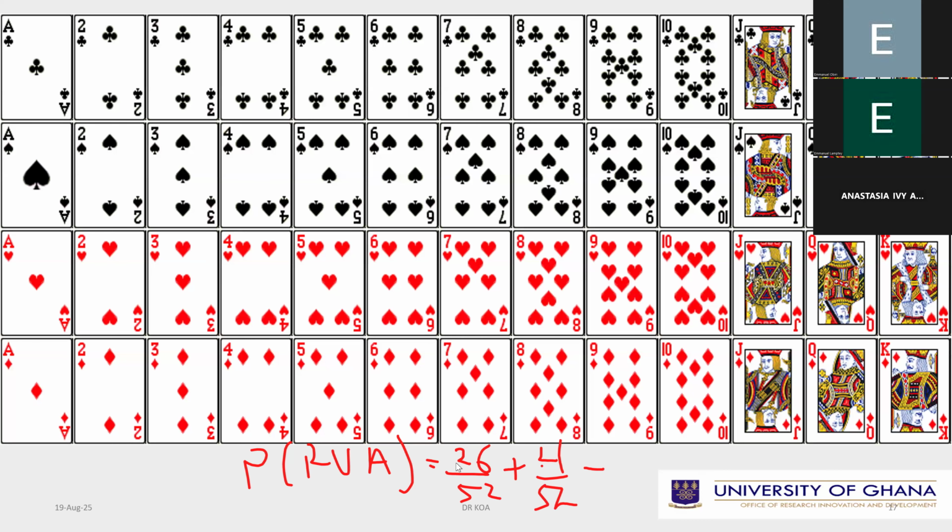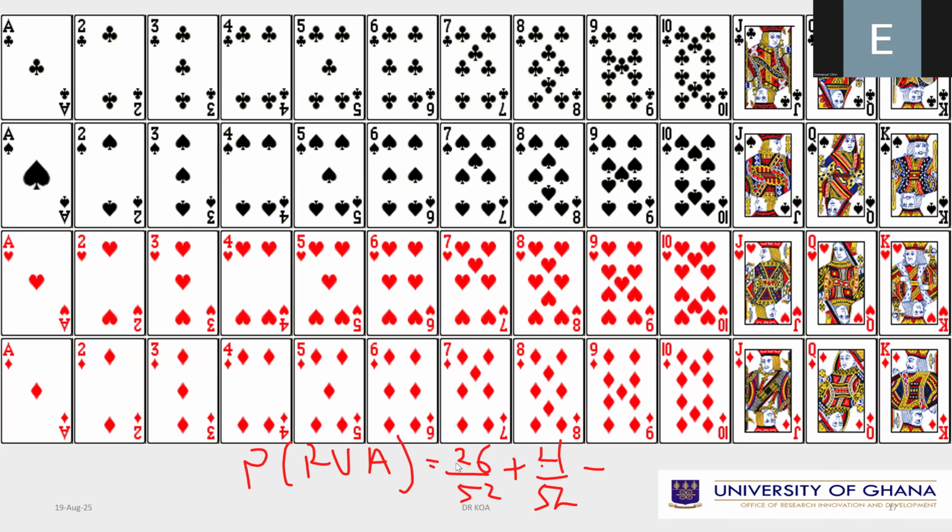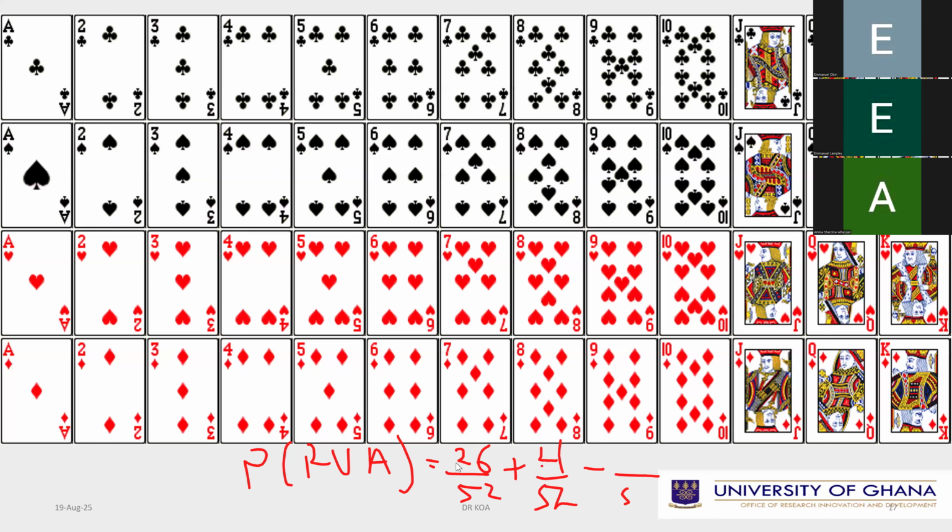Then according to the rule, you should subtract the A intersection B. Now, A intersection B here will be the red intersection ace. So when you look at the reds, how many of them are aces? It's simple. Lamte. 2. You get 2, exactly.